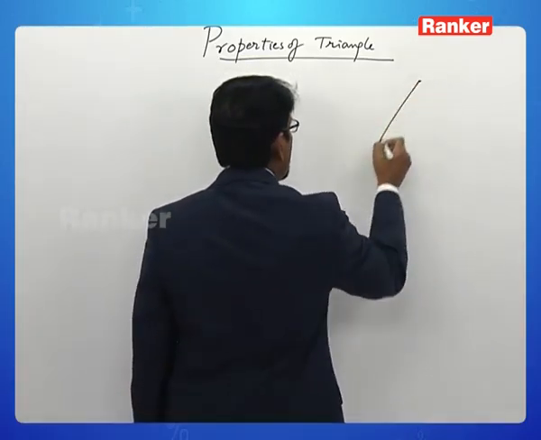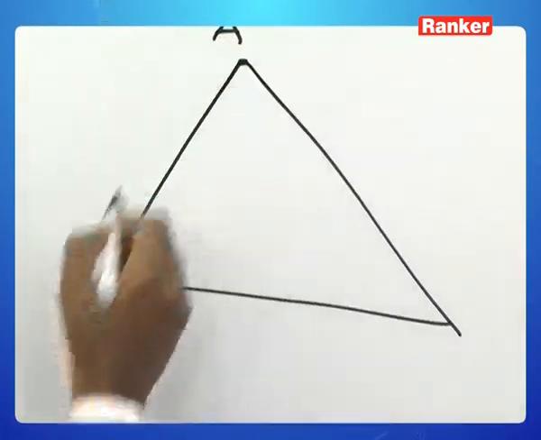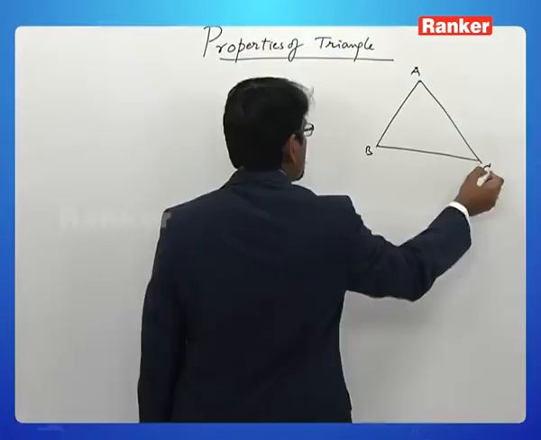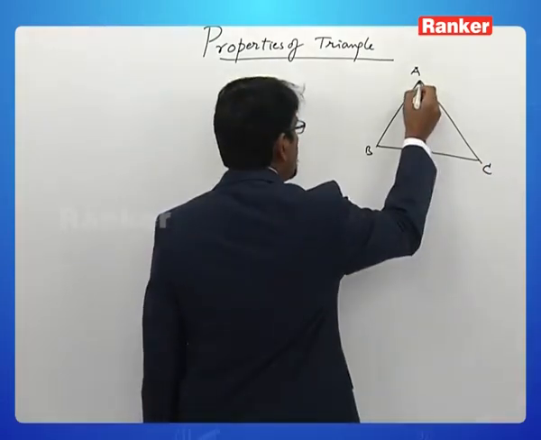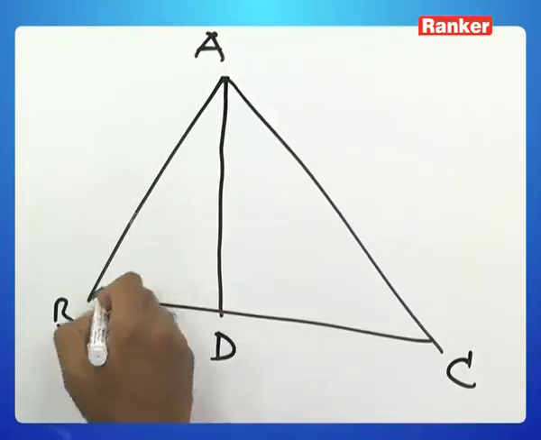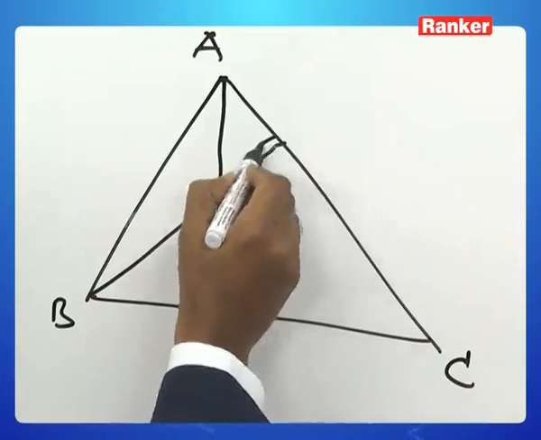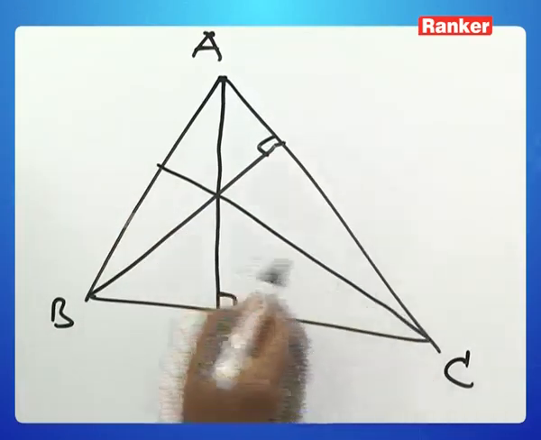Now, let's consider a triangle ABC. We are given that the altitudes are in arithmetic progression, AD, BE and CF. Let us say they are the altitudes.